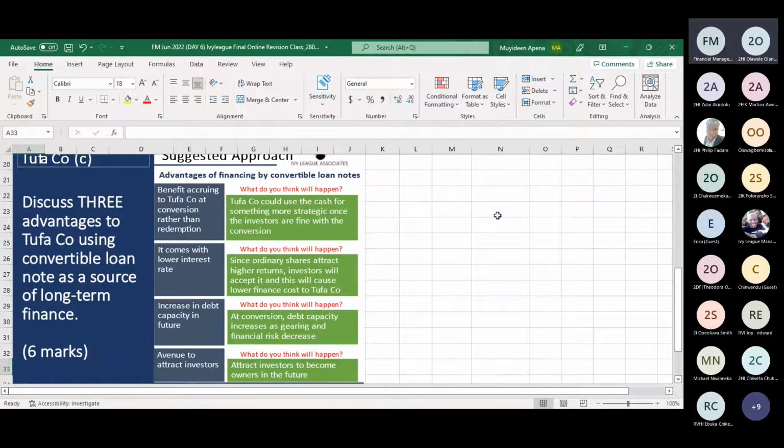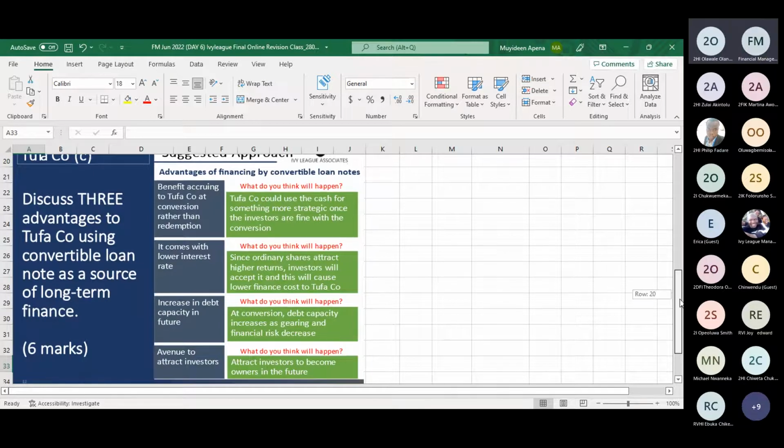But guess what? It creates a vacuum. That vacuum is an opportunity for the company to access debt in future, so they have room, a space for additional debt in their capital structure. That's what it means to increase the debt capacity in future.